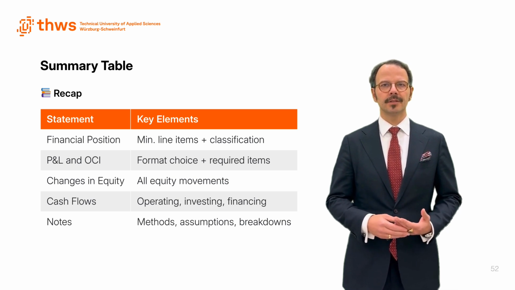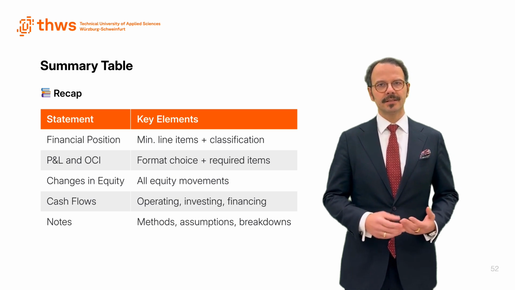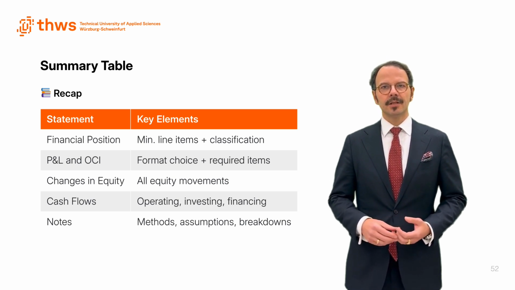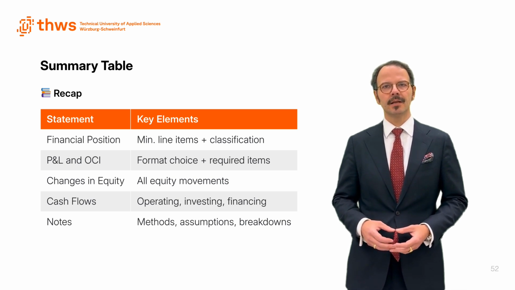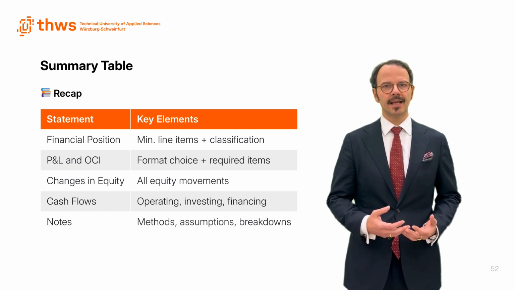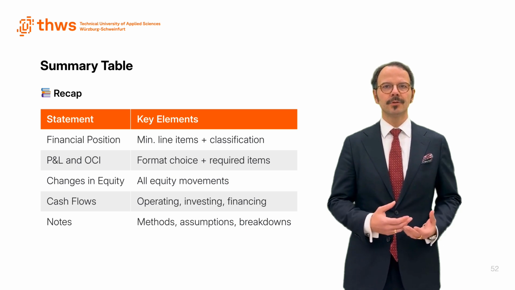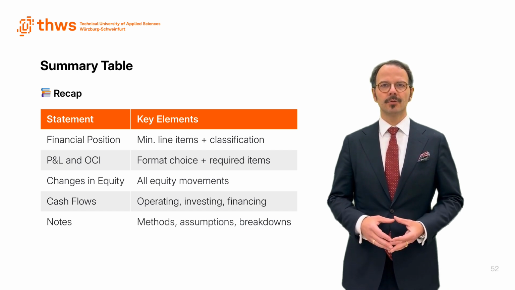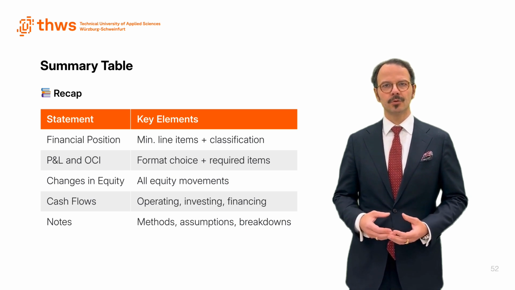The cash flow statement, required via IAS 7, gives insight into liquidity and cash generating power. And the notes bring it all together, disclosing policies, assumptions, and key details behind the numbers. Together, these rules give users a clear, structured view of the company, not just the figures, but the financial story.